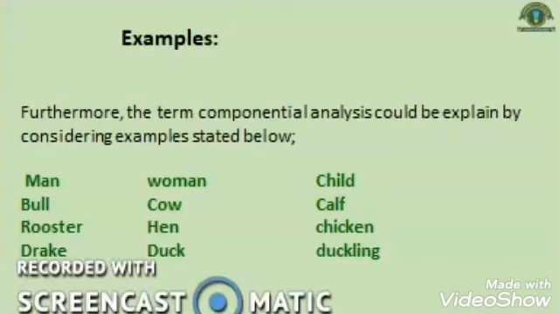Moreover, the equation mentioned above can be introduced using numerical proportion. This means the first element divided by the second is equal to the third divided by the fourth. From this proportion, man, woman, bull, cow, we can get components of meaning: male, female, adult human, adult bovine, or furthermore we can extract the components adult and non-adult.